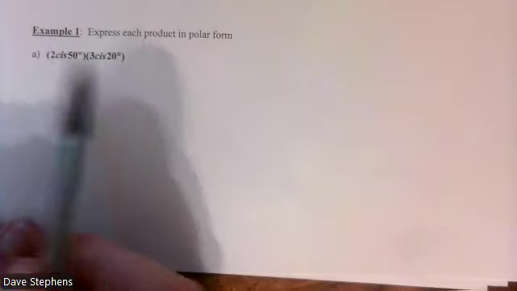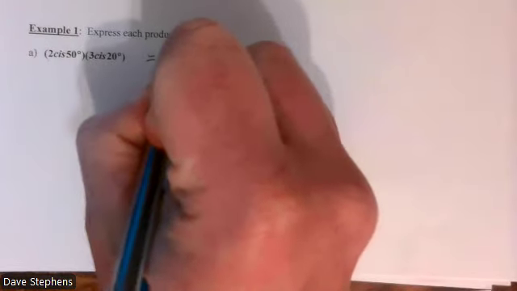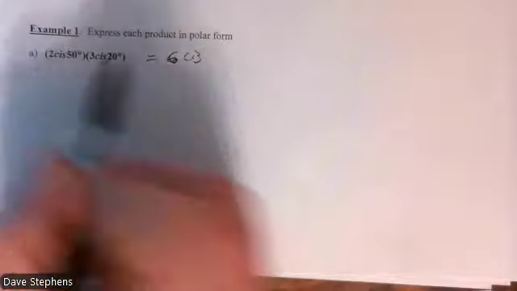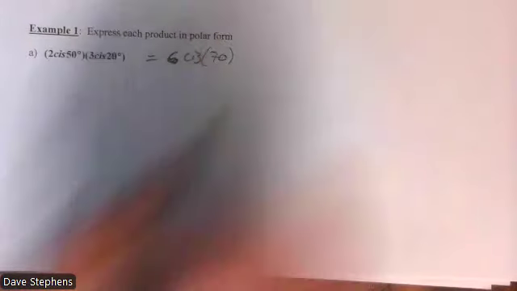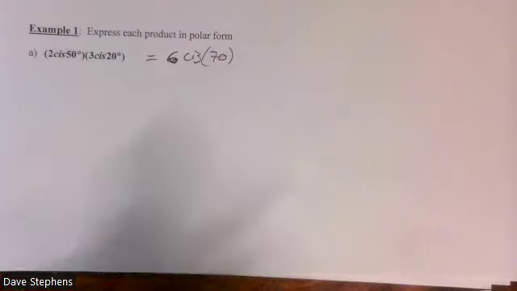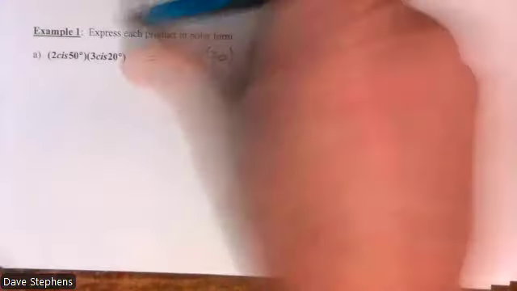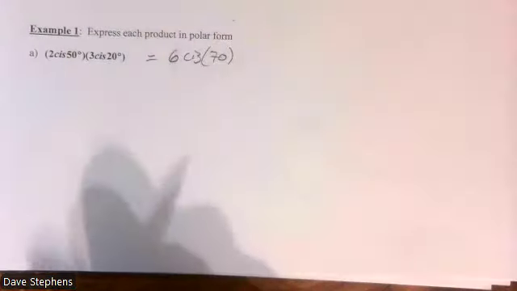All right, 2 times 3 is 6, and 50 plus 20 is 70, and we're done. Not too terribly difficult. 6, there we go, it's better. Multiply the moduli, add the theta.